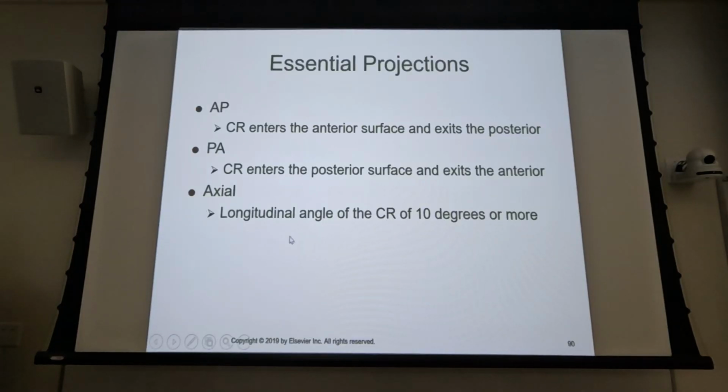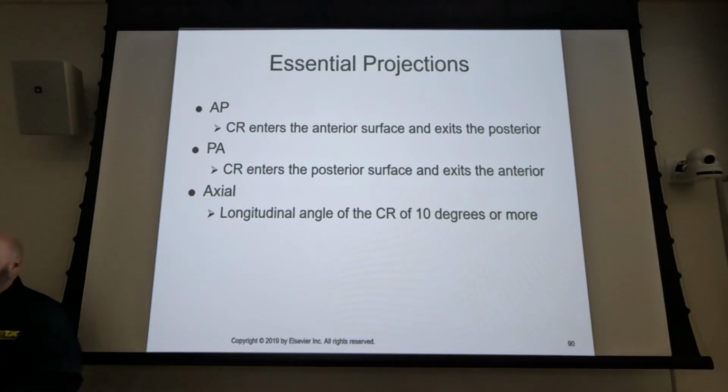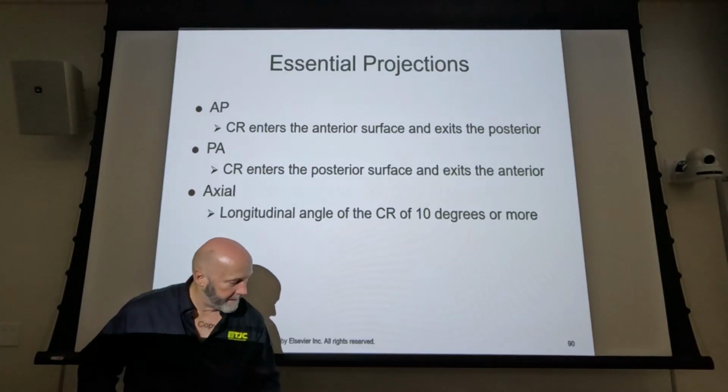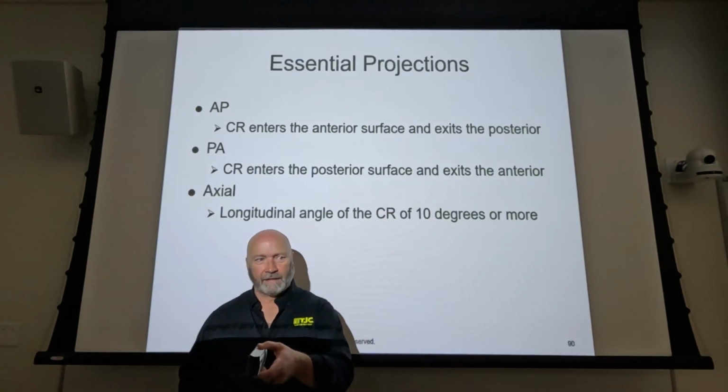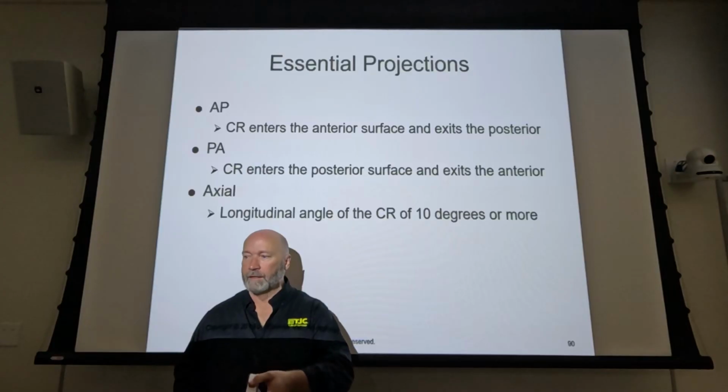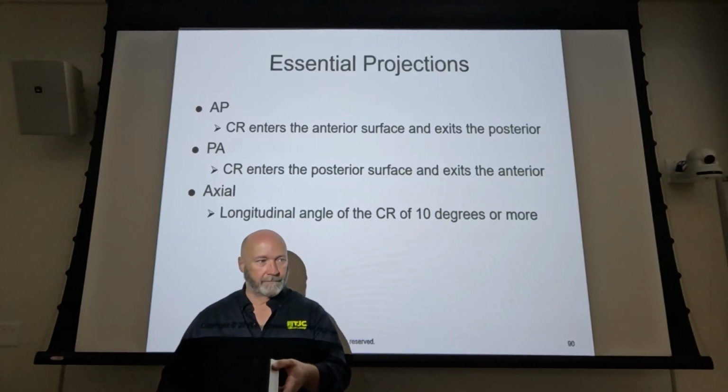And an axial means that we've got a central ray angulation with the longitudinal axis of the patient's body with 10 degrees or more. All right, so a lot of words to say this. If you've got an angulation, say this represents my central ray. If you got an angulation of 10 degrees or more going this way, that's an axial, okay?